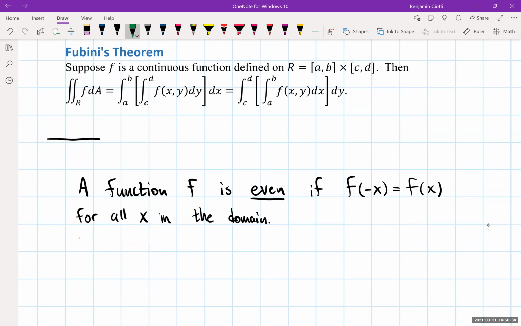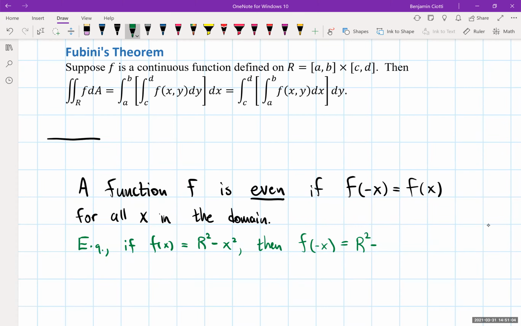For example, I used the even-oddness of the function r squared minus x squared in the sphere calculation today, because look what happens if I plug in negative x.